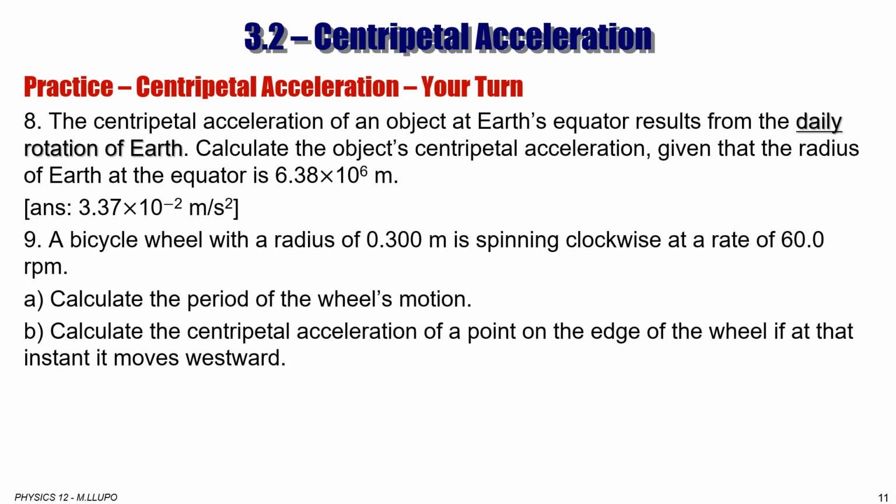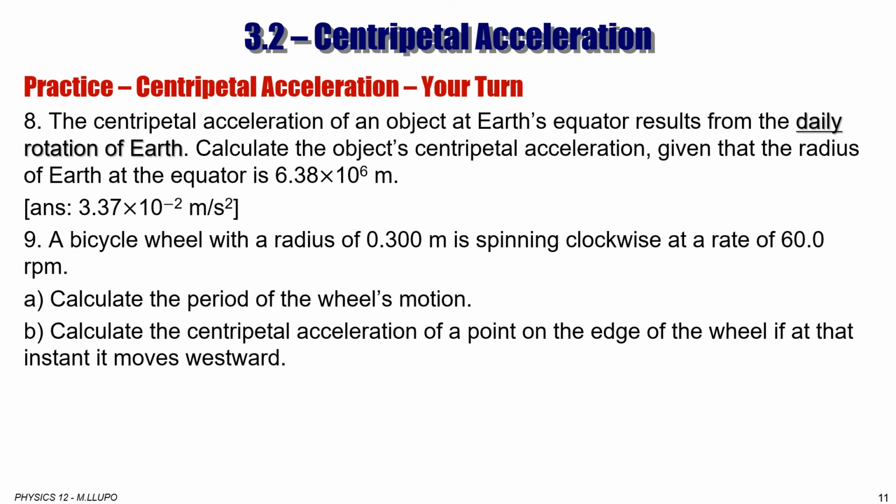And another one is a bicycle wheel with a radius of 0.300 meter spinning clockwise at a rate of 60 rotations or revolutions per minute. A: Calculate the period of the wheel's motion. B: Calculate the centripetal acceleration of a point on the edge of the wheel at the instant it moves westward.